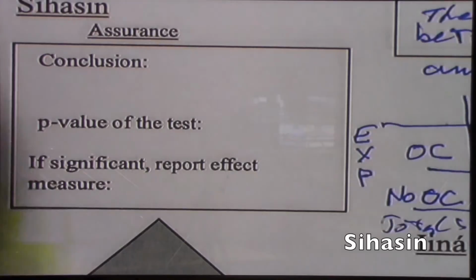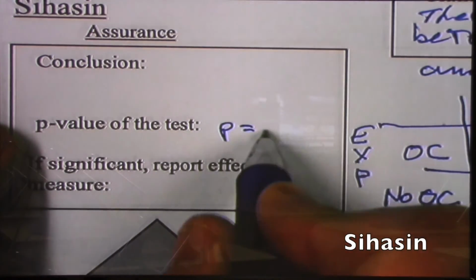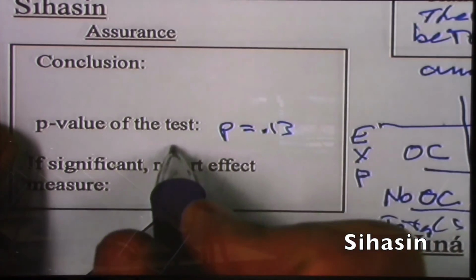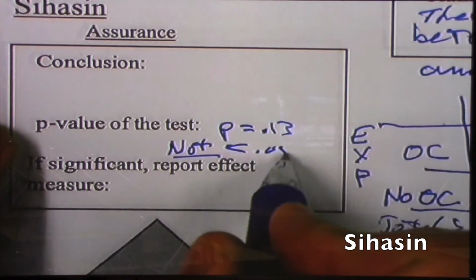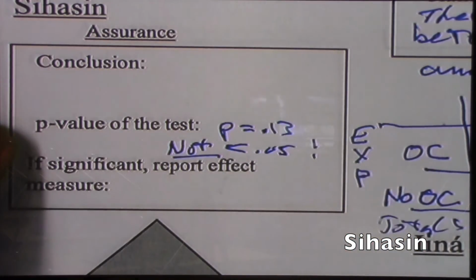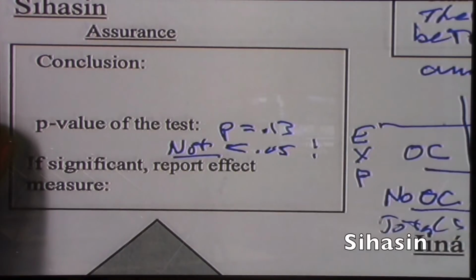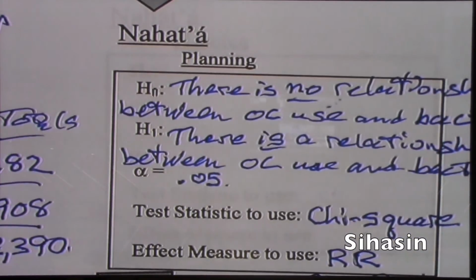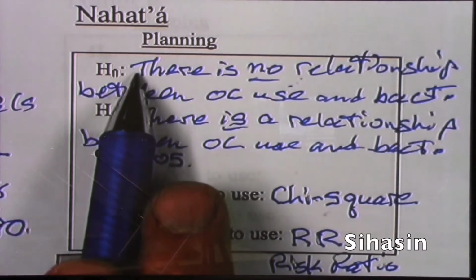So our conclusion, since the p-value was 0.13, that's not less than 0.05. So that means that we are not going to find that there's a relationship. With this p-value, we're not going to reject the null hypothesis, as they say in statistics classes. We're going to stick with that null hypothesis that there is no relationship.